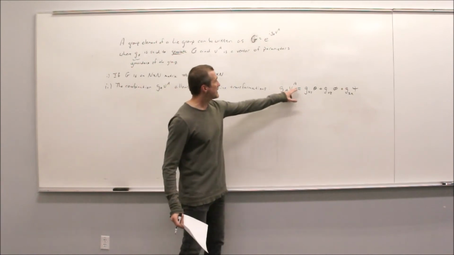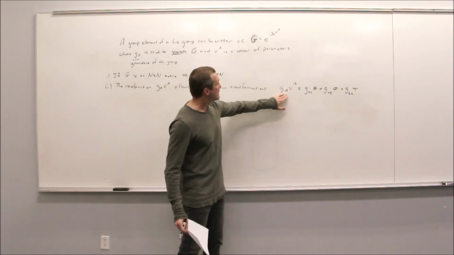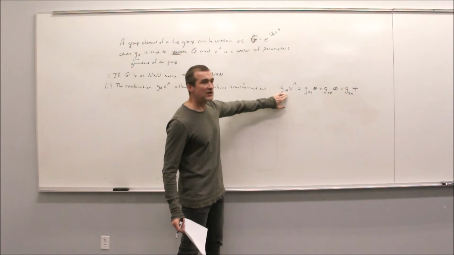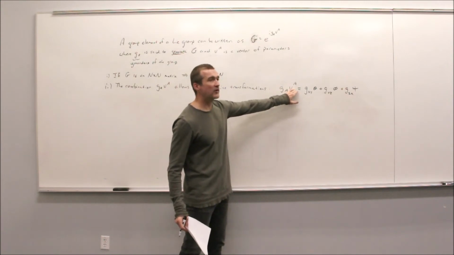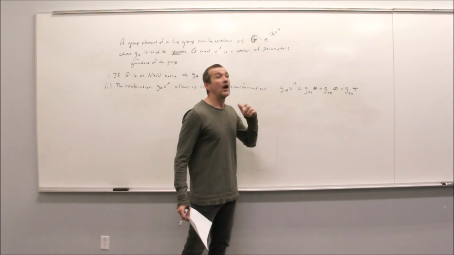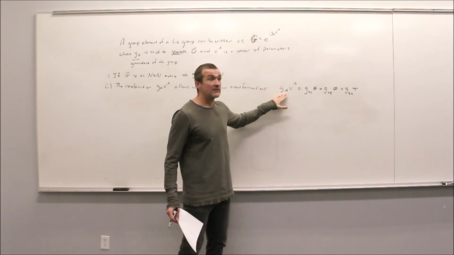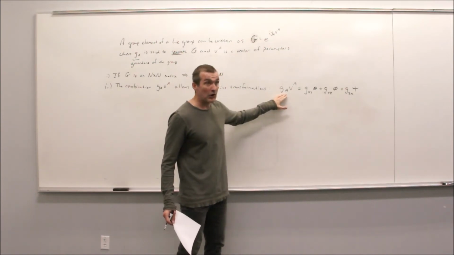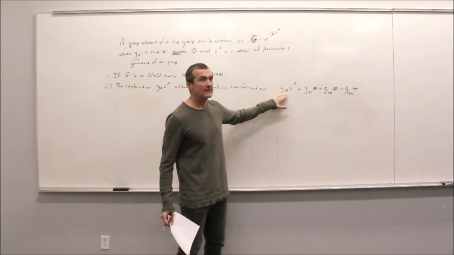So this is an inner product of the vector of generators and the vector of parameters. Okay? And this is just based on how many generators we have in our group, which is going to be directly reflective of how many free parameters we have in our group, by the way. Okay?